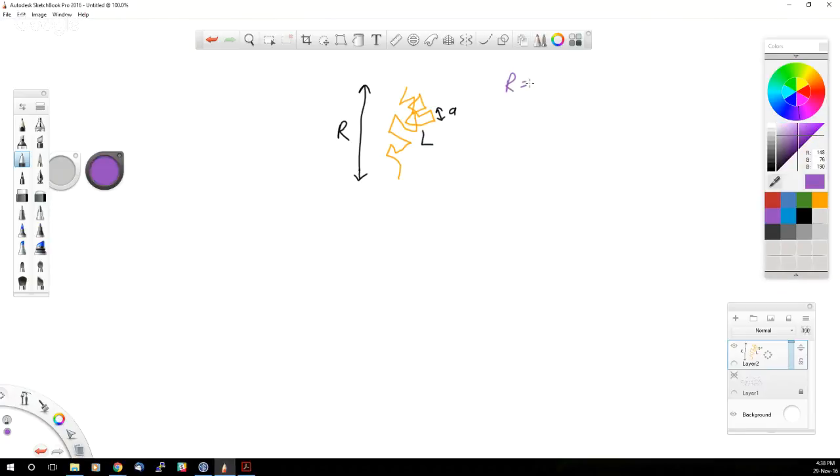So R equals dimension of galaxy, L equals total distance traveled, which is obviously much bigger than R, and a equals mean free path, and N, capital N, is the number of steps.